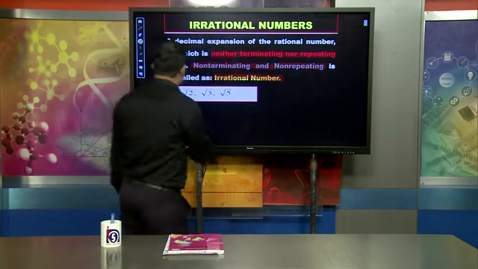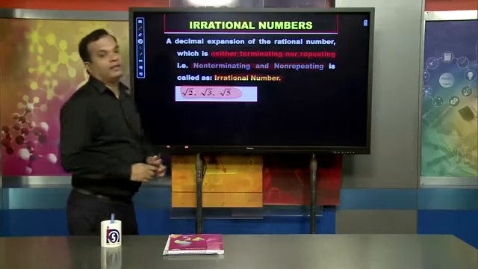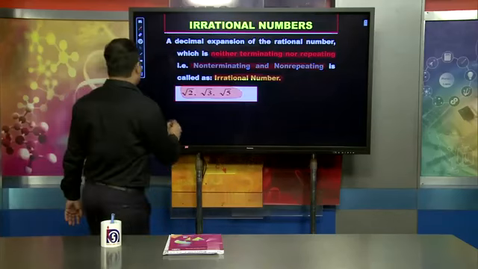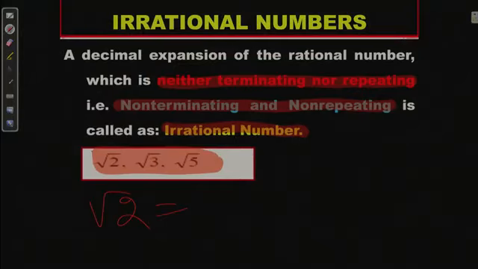For example, root 2, root 3, root 5, these are known as irrational numbers, because the value of root 2 is 1.4143 dot dot dot, like this.